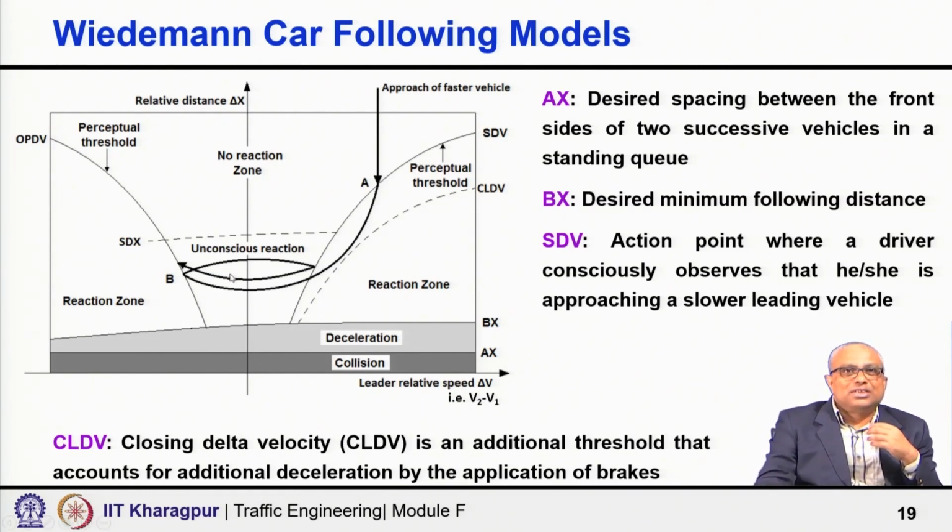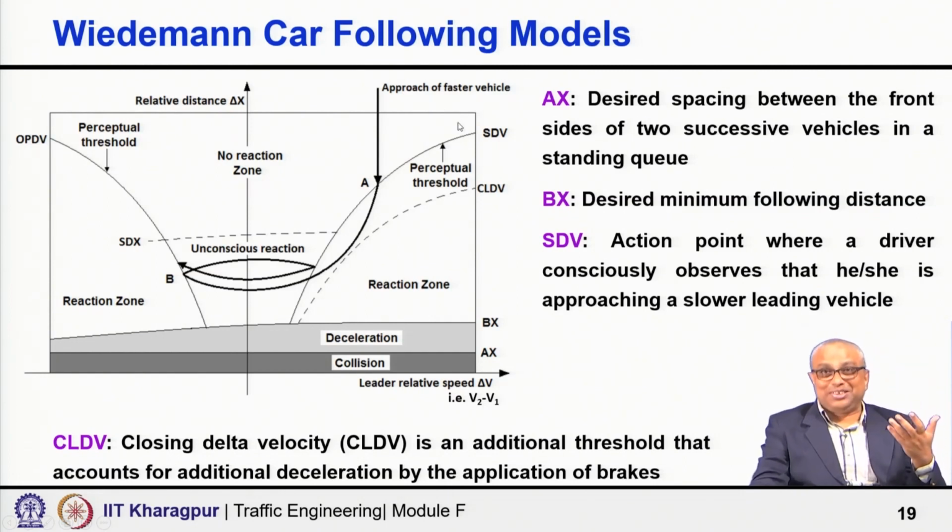Now, this CLDV, another dotted line within this reaction zone, is another kind of threshold. Once you have crossed this SDV and gone into the reaction zone, you will apply deceleration. But if you fall really below this line, CLDV, then you are closing delta velocity, that is what it is called.